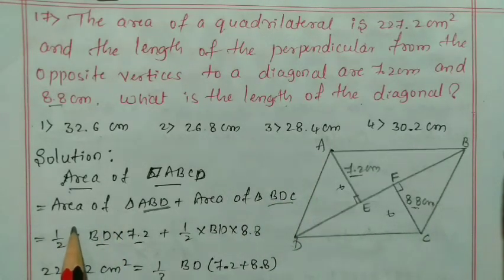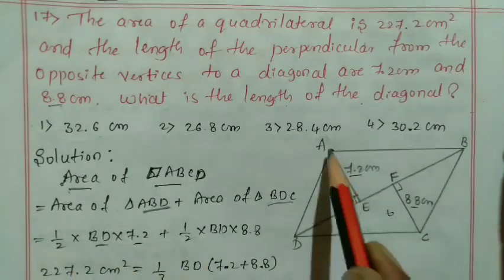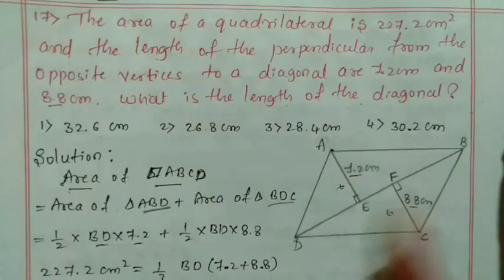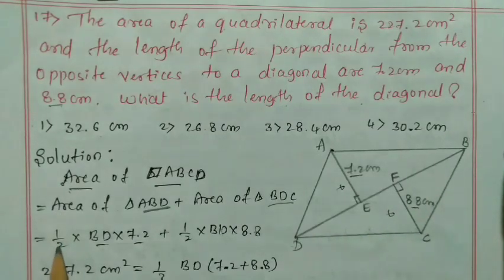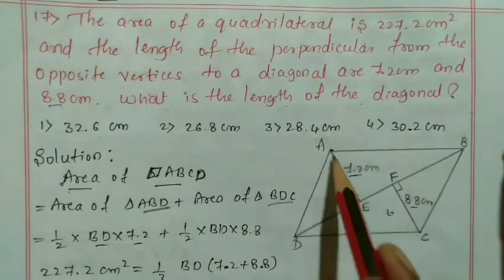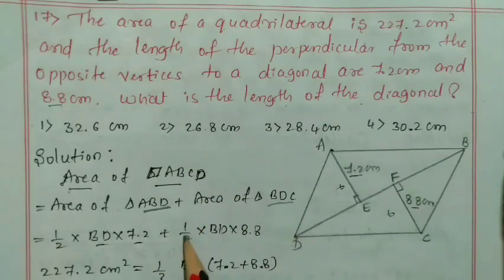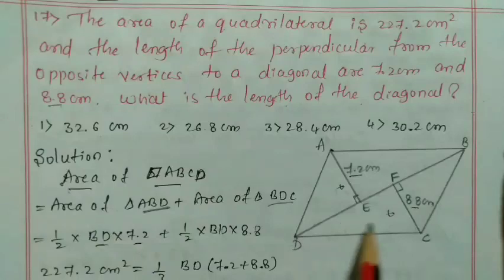Already we know the formula for the area of a triangle: half into base into height. Here the height is AE, so you take AE as height and BD as the base. So half into base BD into height 7.2, plus the area of triangle BDC, half into base BD and height CF, that is 8.8.